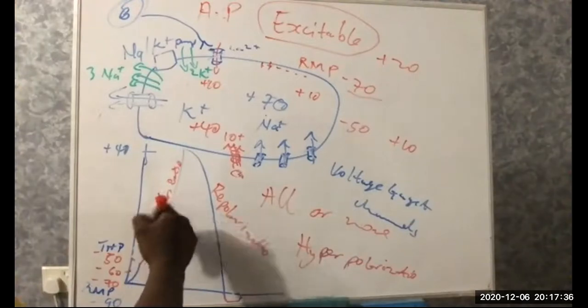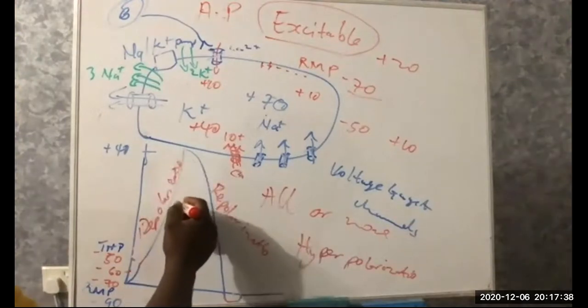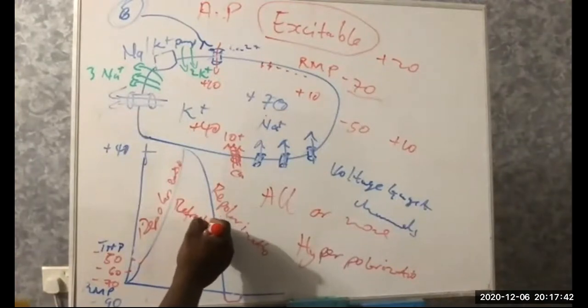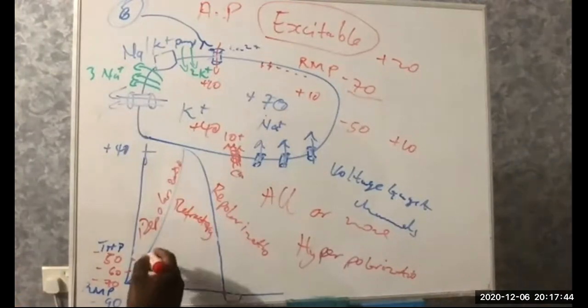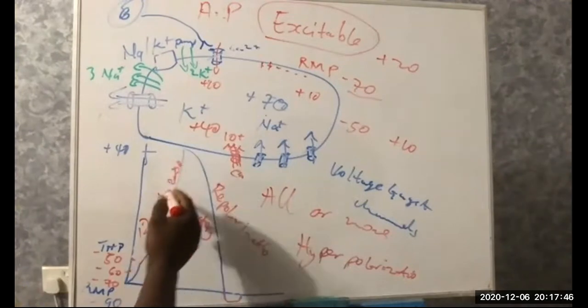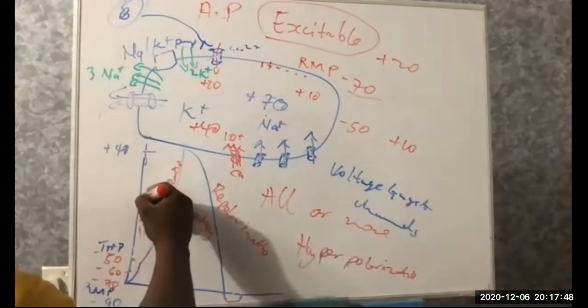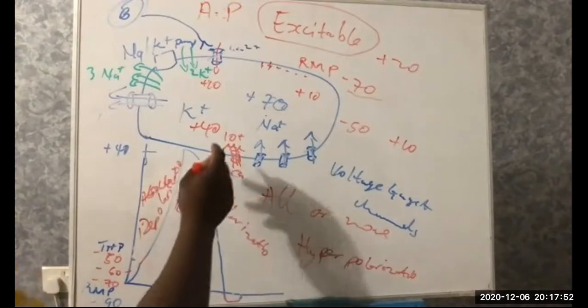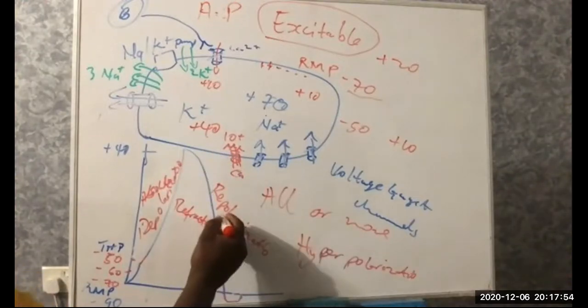What do we call that period? Refractory period. During the climbing, we call it the absolute refractory period, and during the declining, we call it relative.